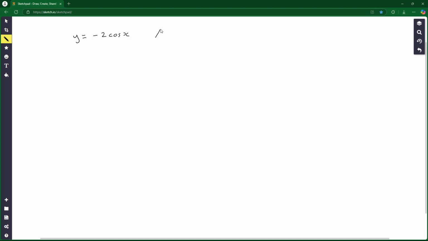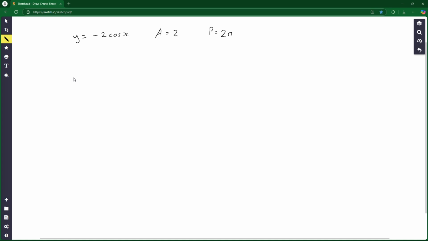Our amplitude is going to equal 2. Remember, absolute value. And then our period, which I'm just going to, again, write p, is going to equal 2 pi, because there is a 1 in front of this x, and 2 pi over 1 is just going to equal 2 pi. Anything divided by 1 is just going to be itself.